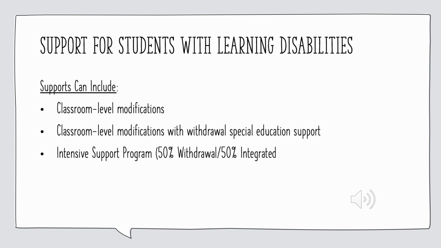In our school board, there are several ways in which a child who is identified can be supported. The initial steps can include modifications to the learning program in a child's individual education plan.